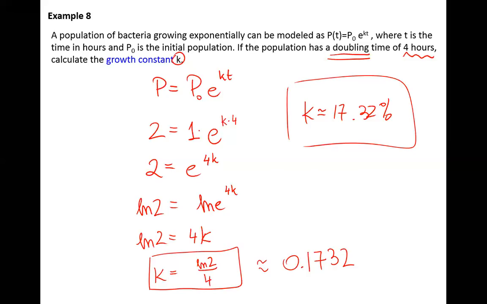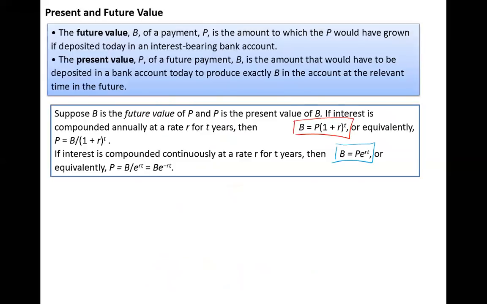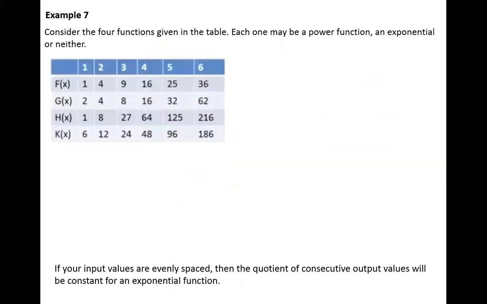Now let me come back to the table. Remember from last week, I was trying to show you how you can recognize, based on the values, that a function is a linear function, like a line with a constant slope.